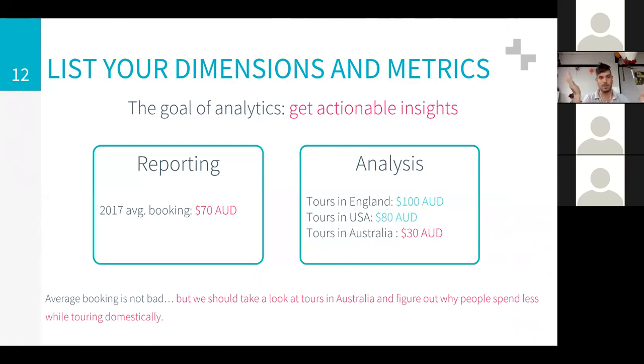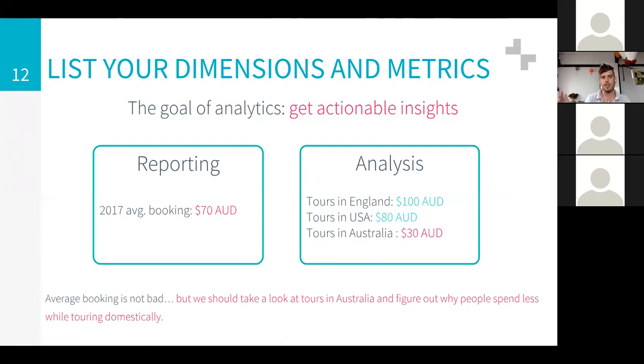So from a reporting point of view, I know that I will need the average booking value. And with that, I will know that, well, on average in 2017, we had $70. But to have better insights on how each of my products is performing, I will need the dimension, which is the product type. With that, I can break down this average booking by tours.